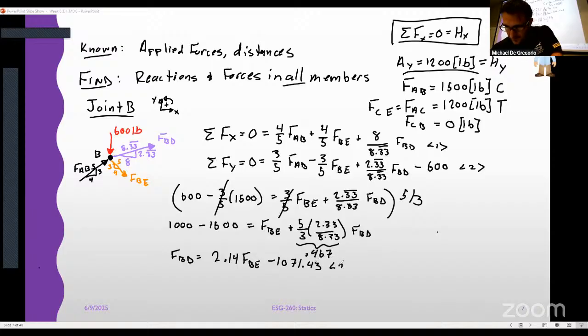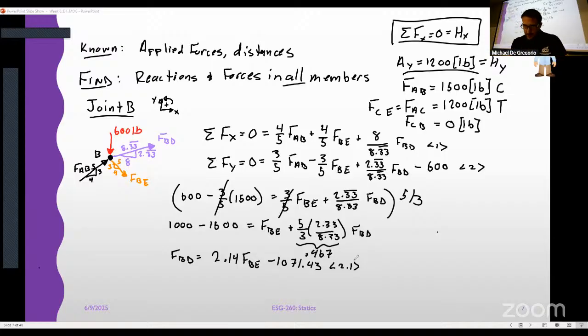We'll call this 2.1, and we're going to plug that into equation 1 now. All right. But overall, this is really the only time that we have to do a simultaneous solving. Most of the other directions, we could get something right off the bat in either the X or the Y direction, right? It's not too bad.